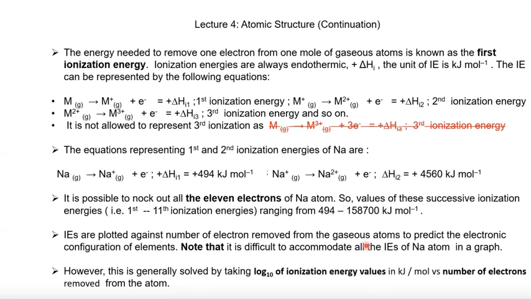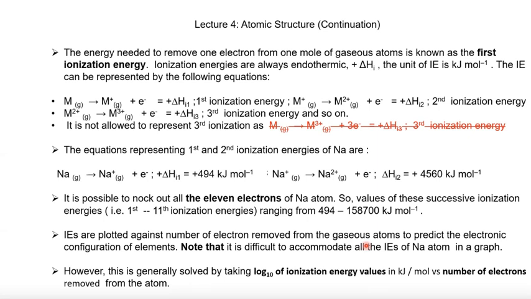When energy is given to a gaseous atom, it first knocks out an electron, and that energy is called the first ionization energy of the atom. First ionization energy, and all ionization energies, are always endothermic. The unit of ionization energy is kilojoule per mole.